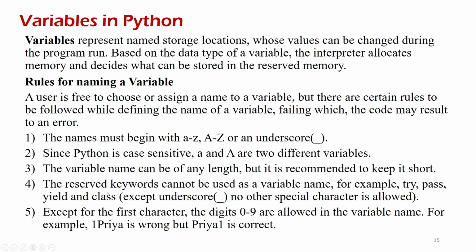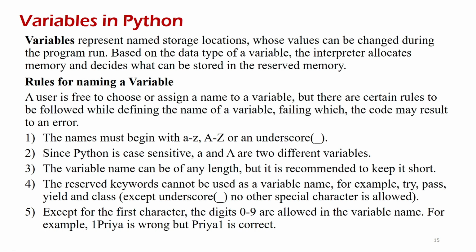The reserved keywords cannot be used as a variable name, for example try, pass, yield, and class. Except underscore, no other special character could be used. These are some keywords used inside Python, like even print in small letters.